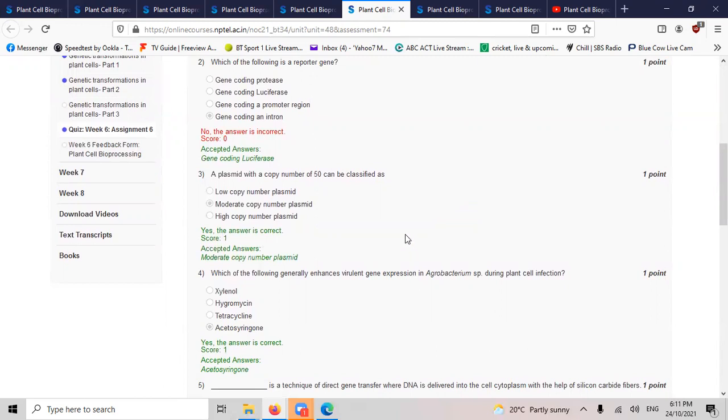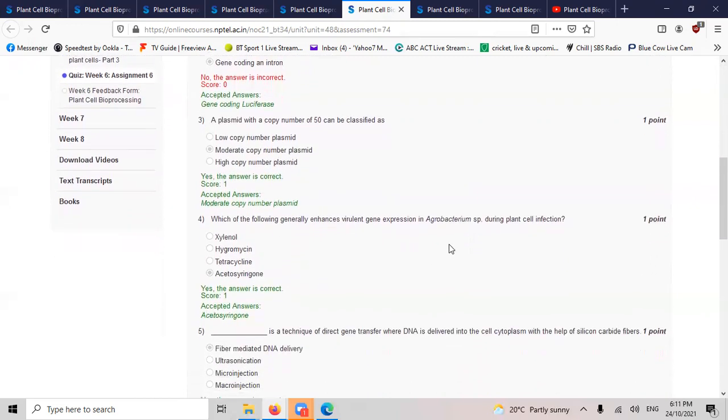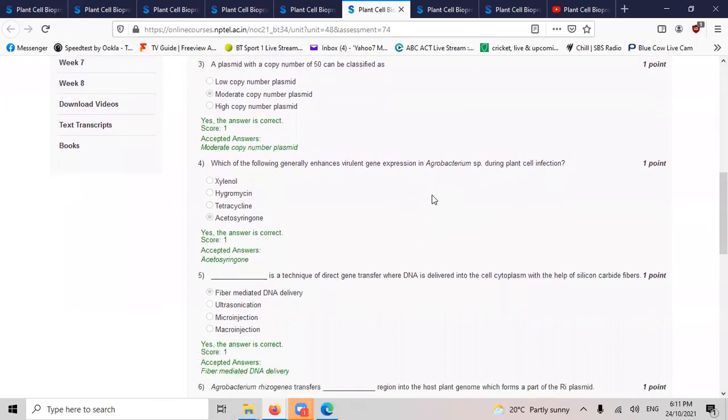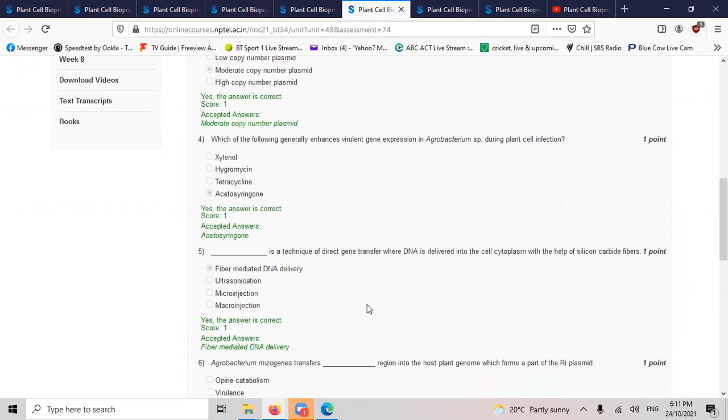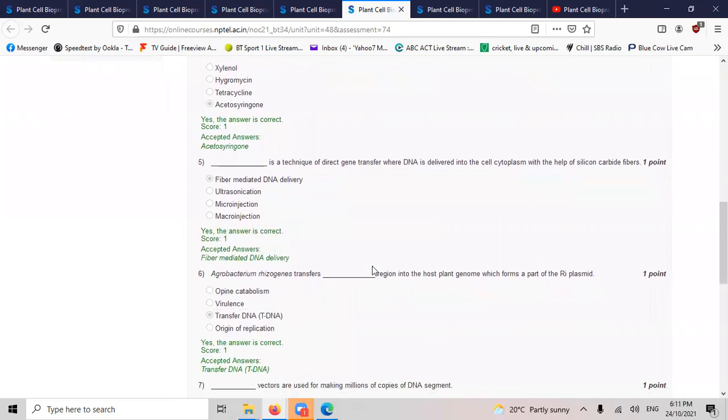That's mediated DNA delivery. Agrobacterium rhizogenes transfers something region into the host plant, which forms part of the Ri plasmid. That's the T-DNA. Something vectors are used for making millions of copies. Well, that's a cloning vector.